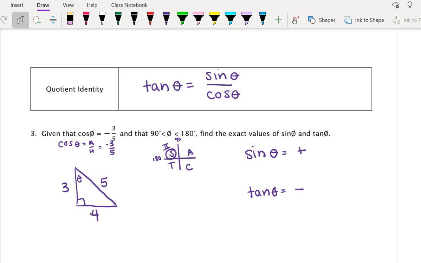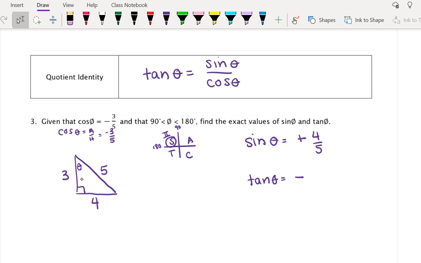So the sine theta, opposite over hypotenuse, is 4/5. Now if I know sine theta and cosine theta, I can easily get tangent theta by dividing them.